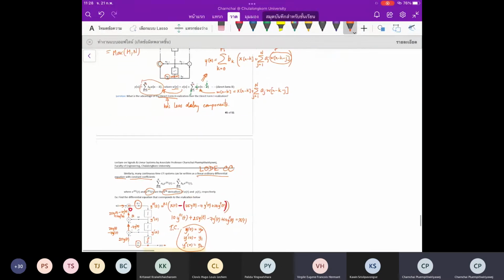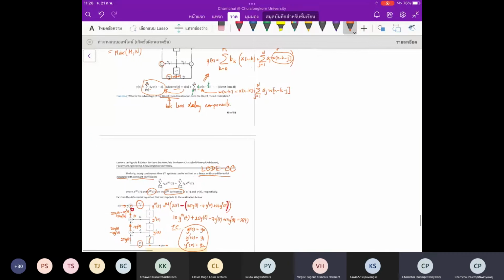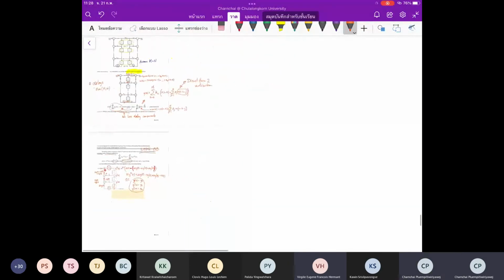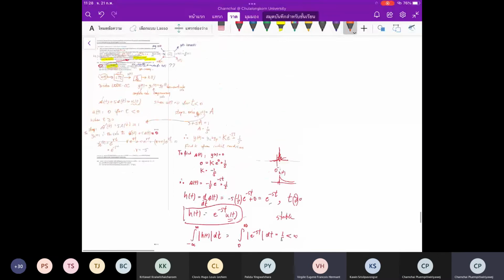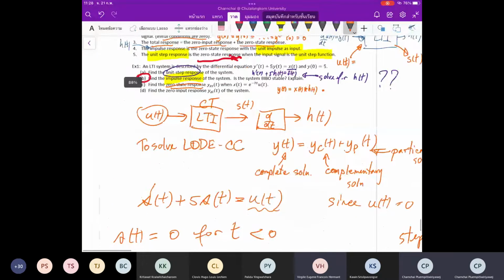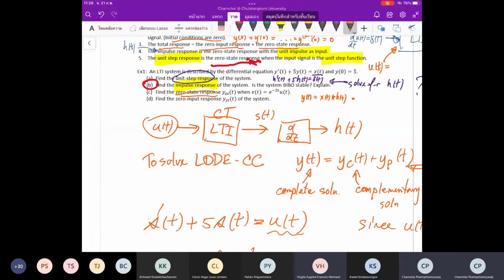And the last one, I want to show how to find the zero input response. The zero state is easy because you have found the impulse response. You do it yourself. For part D, how do you find the zero input response?